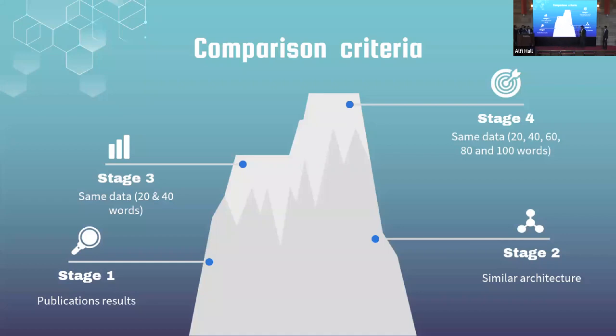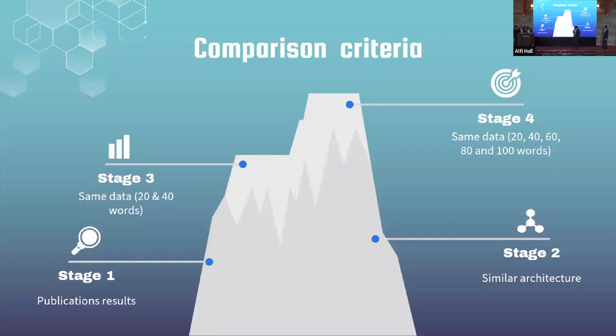We had to compare our model to other models in 4 different stages. The first was comparing our initial results to publication results. However, this did not give us a strong indication of how our model was performing with respect to other models. So we moved to another step, which was comparing our model to other researchers who implemented similar architectures or had a similar approach and tried to reach the same goal.